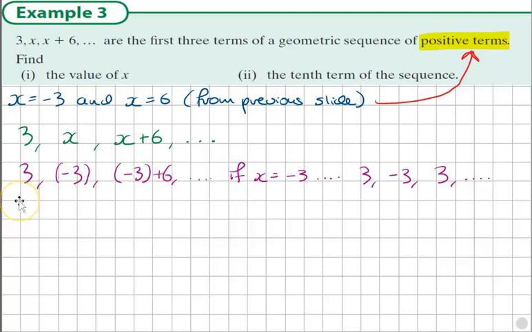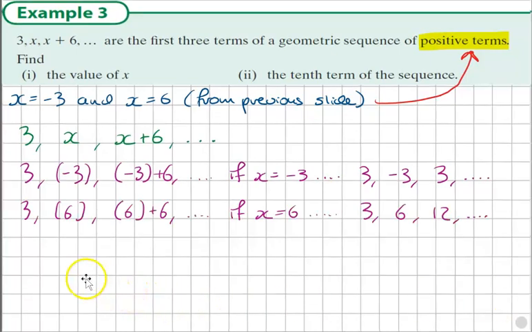So if we were to use minus 3, we would have 3, comma minus 3, comma minus 3 plus 6. So that's if x is equal to minus 3, which would give us 3, comma minus 3, comma 3. Because minus 3 plus 6 is positive 3.